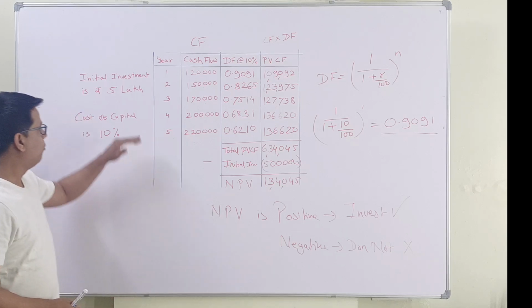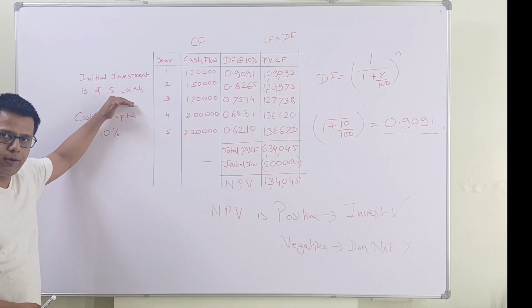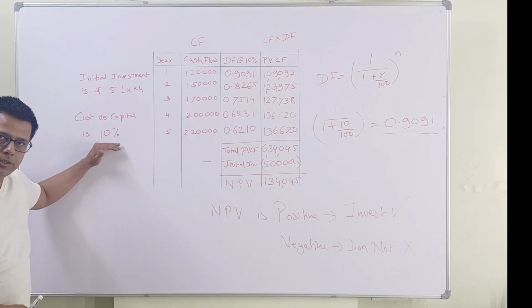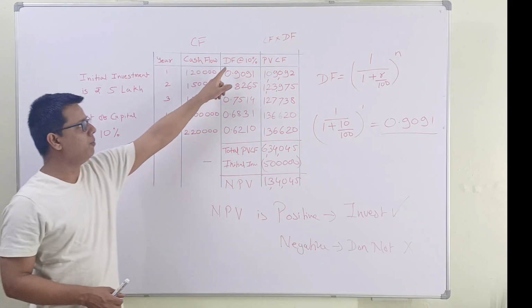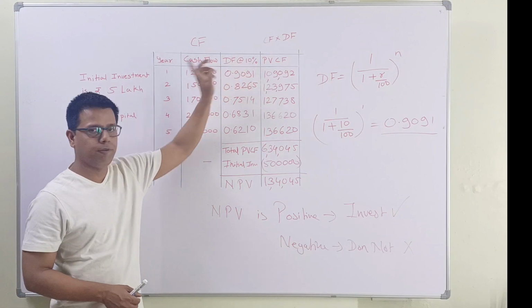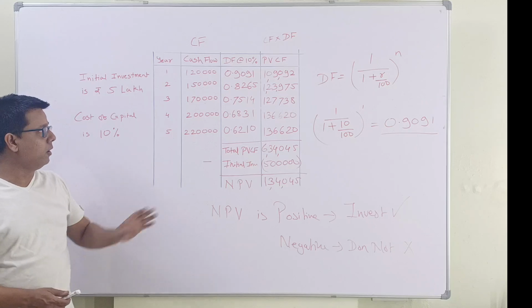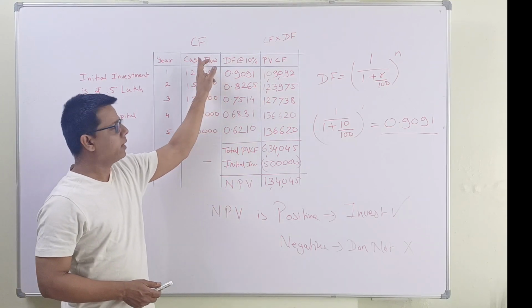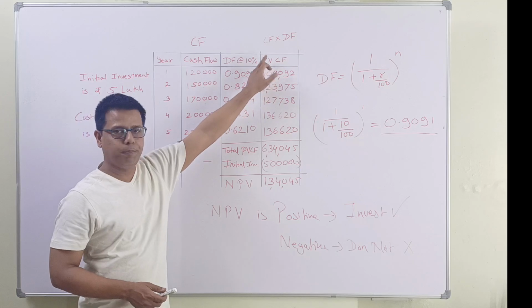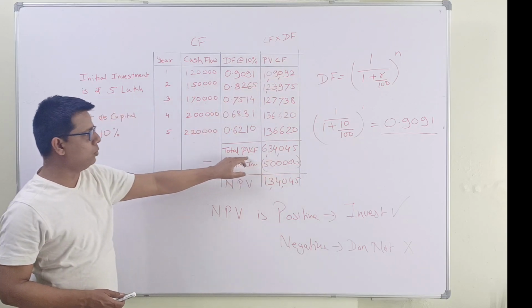The process is, we know that we are investing 5 lakh rupees. The cost of capital is 10%. This is the expected cash inflow. So the first step, we calculate DF at the rate of the expected cost of capital. Then multiply cash flow with DF, you get PVCF. Calculate the total of it.